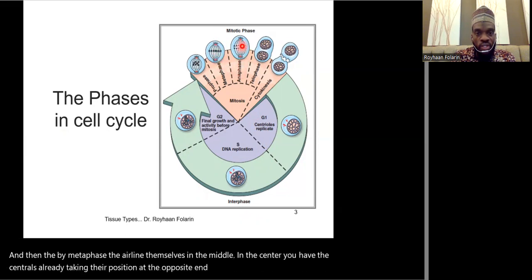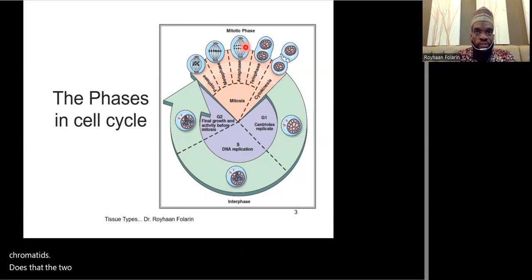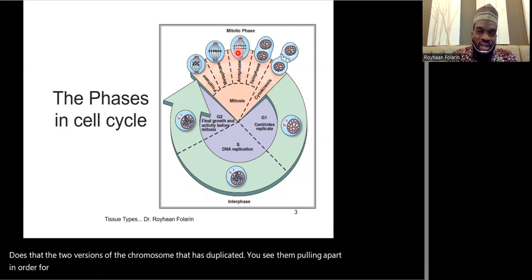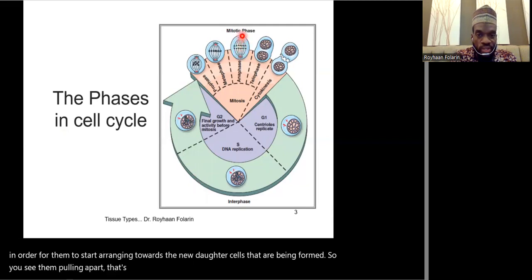By anaphase, you see the sister chromatids, those are the two versions of the chromosomes that have duplicated. You see them pulling apart in order to start arranging towards the new daughter cells that are being formed. That's ana. They are separating themselves towards opposite ends.